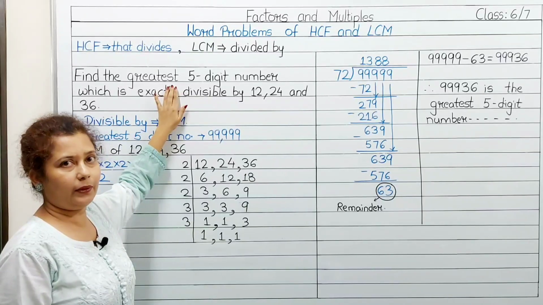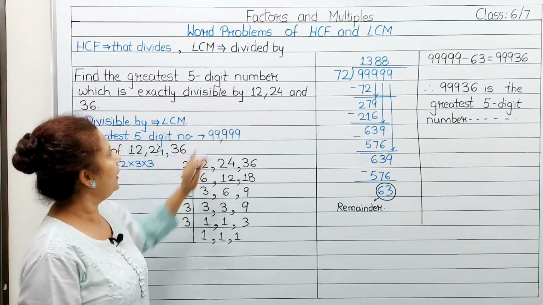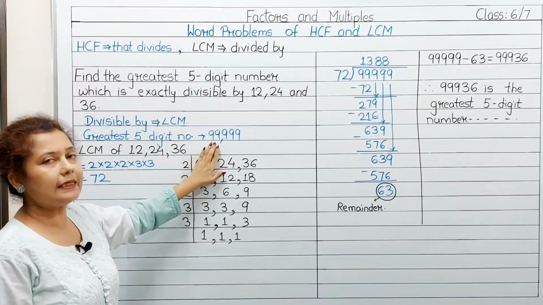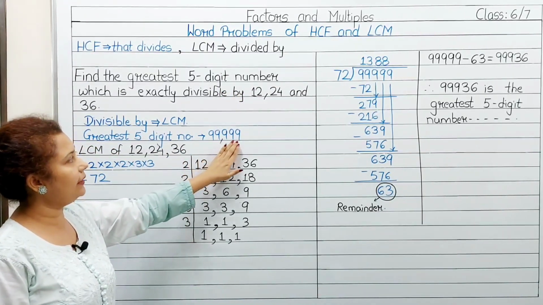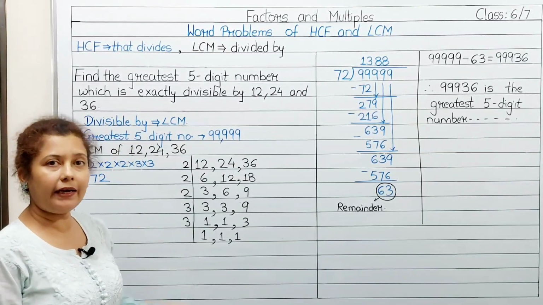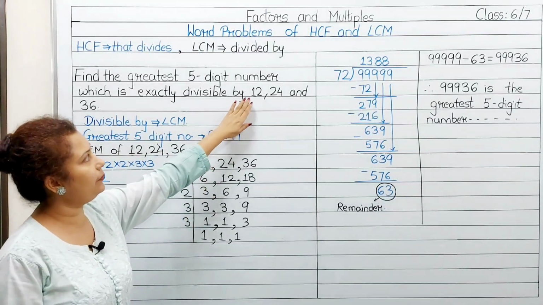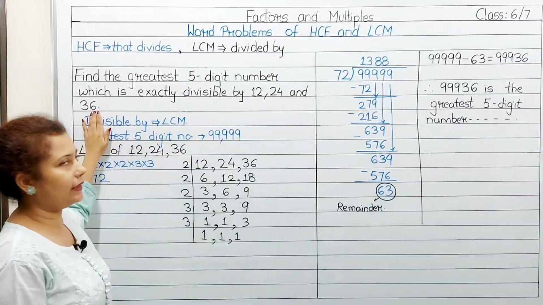Next important thing given in the sum is greatest 5-digit number. Greatest 5-digit number is 99,999 and we have to find the greatest 5-digit number which is exactly divisible by 12, 24 and 36.